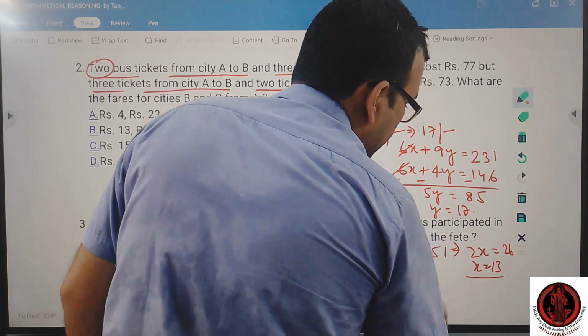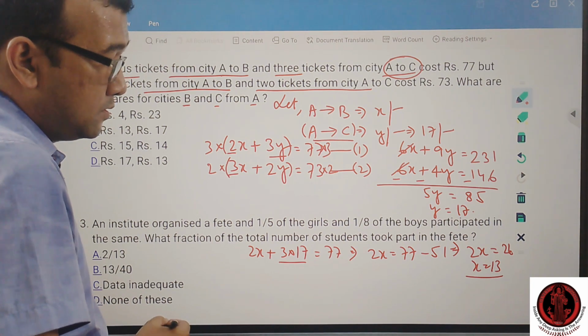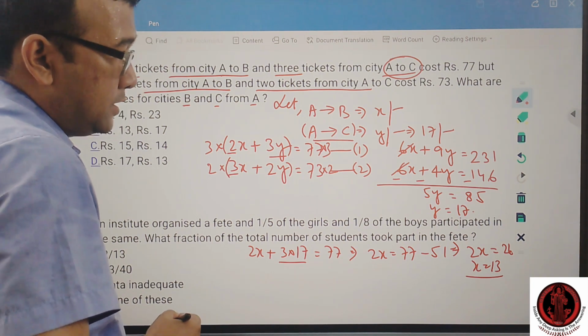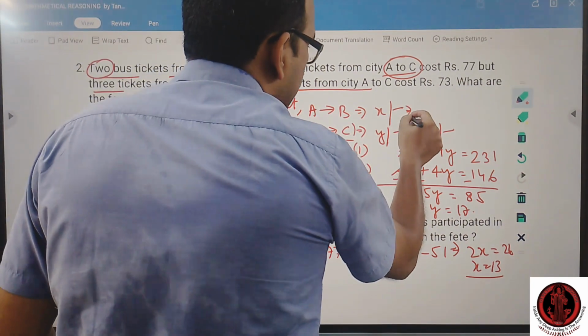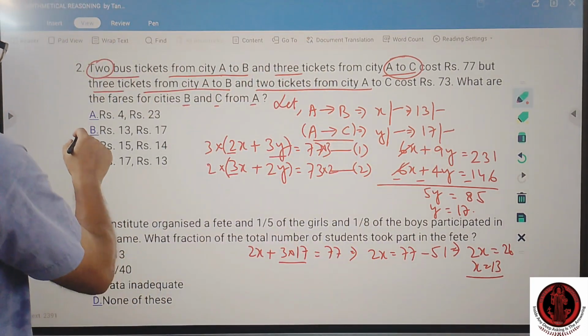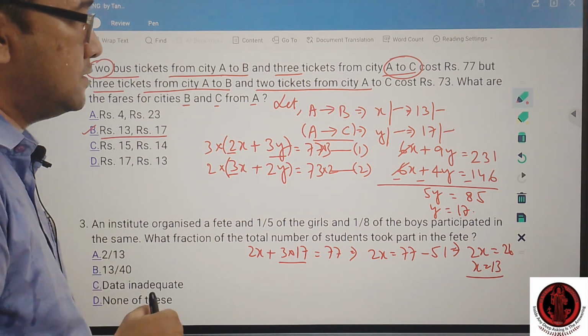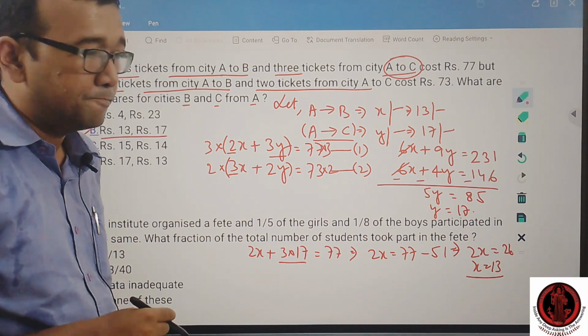So x equals 13. So the fare of A to B is 13. So the answer is 13 and 17. Option B, 13 and 17 is the answer. Okay.